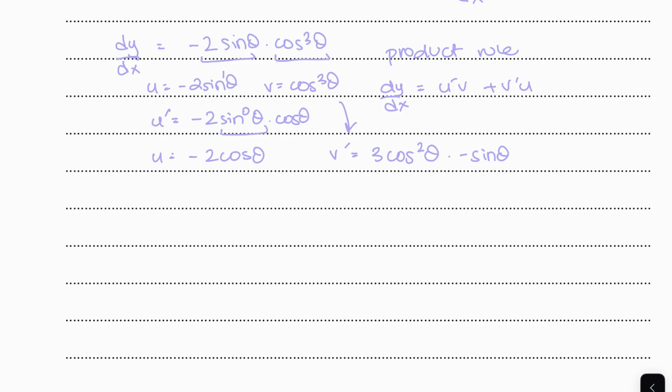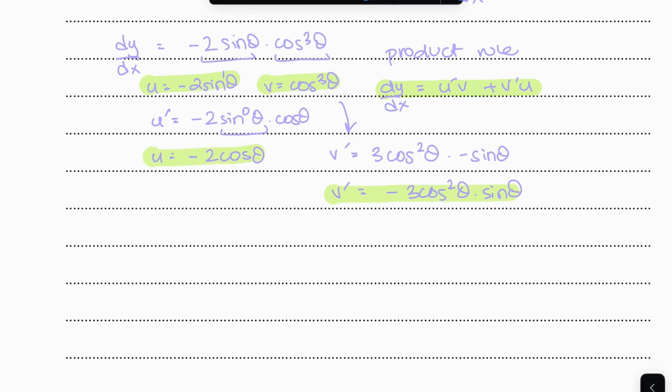So if we simplify that, we get v prime is equal to minus 3 cos square theta times sine theta. And let's put that in our equation over here. We have u, v, u prime and v prime.